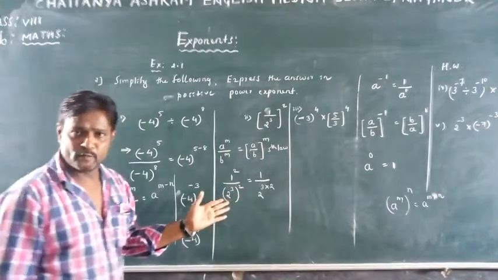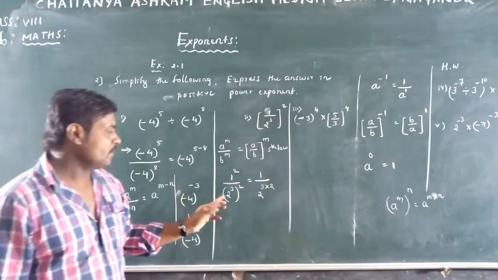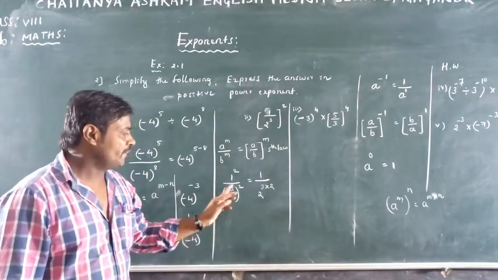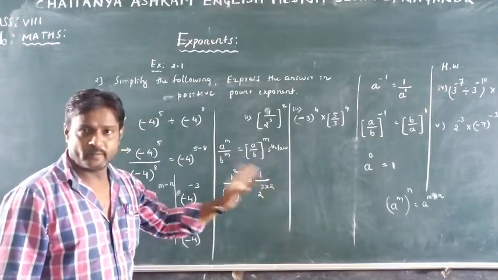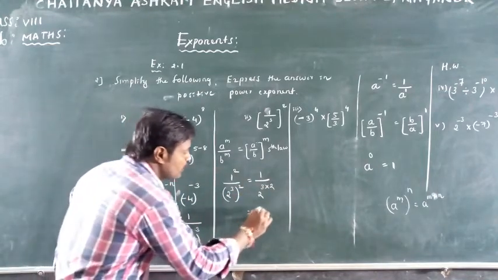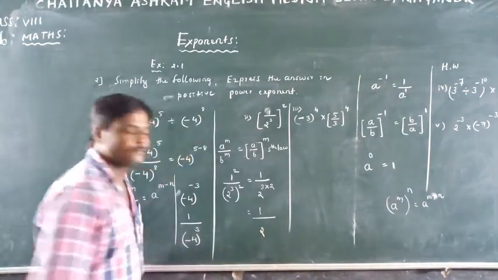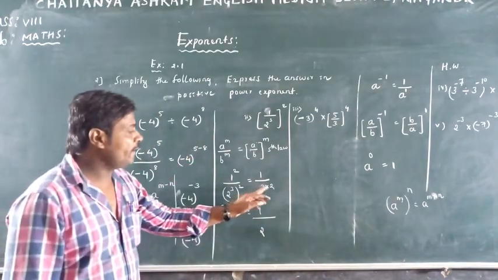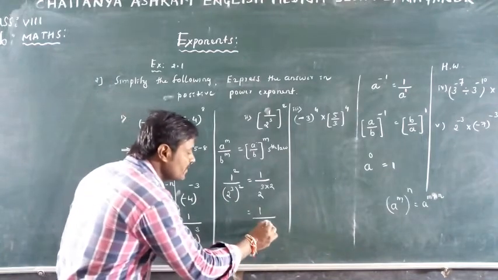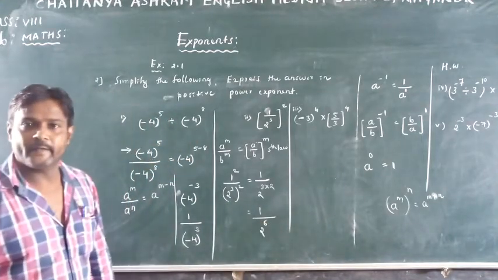So I used the same thing. Write the base 2 as it is, 3 into 2. Clear? Then 1 divided by 2, 3 into 2 is 6. Clear?